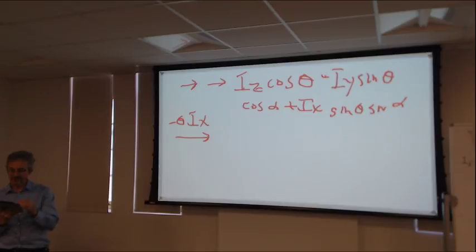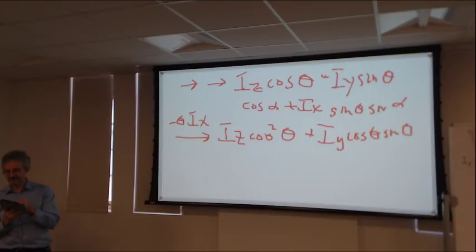So what happens to IZ? IZ will be cosine squared theta, and then we'll rotate towards the plus y-axis. Cosine theta, sine theta.